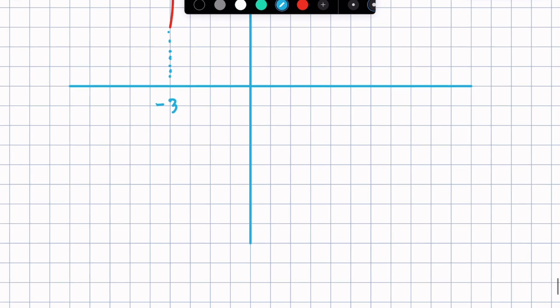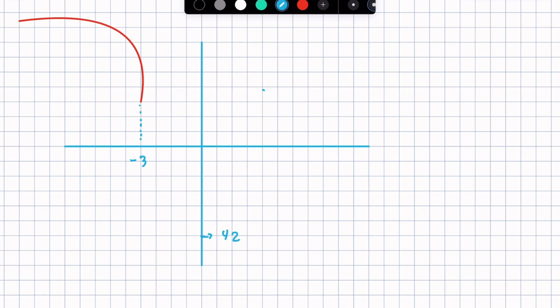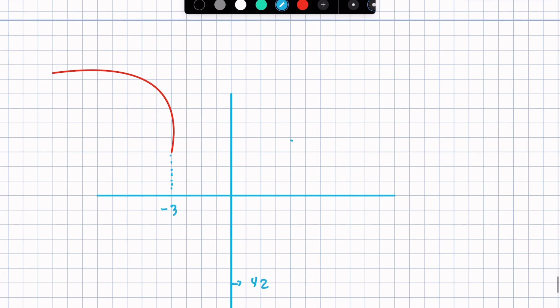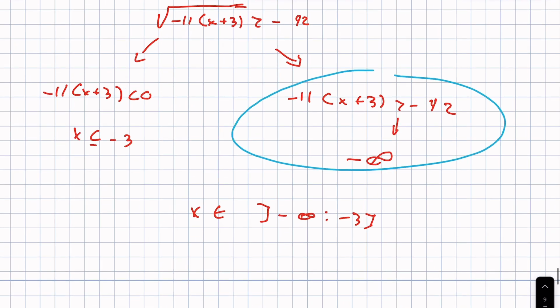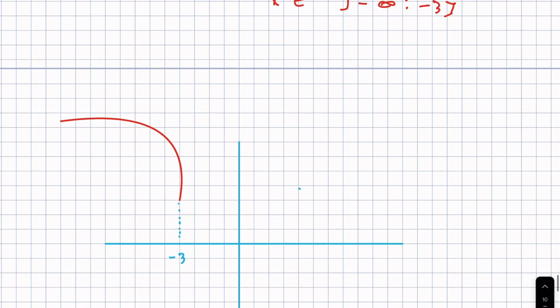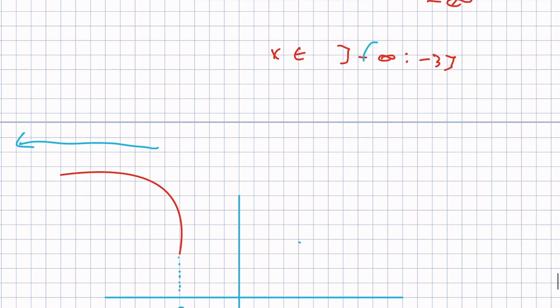And here -42, okay? So there's a line here, okay? It stops at here. But since you can't find anything here, because you can't do racine carré of a negative, it doesn't stop. So it continues all the way to negative. That's why. And I think that's all.